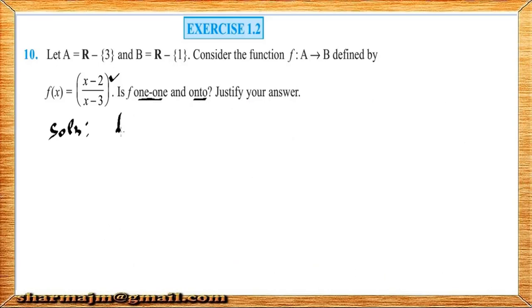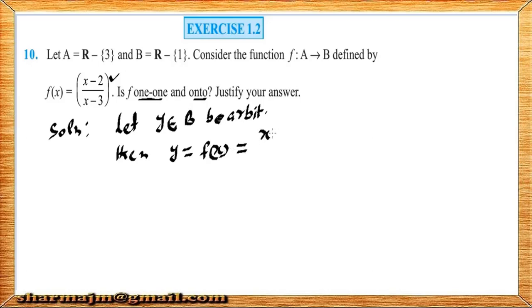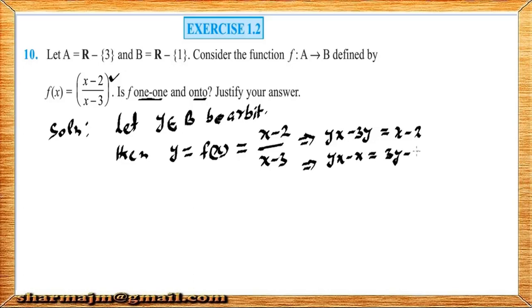Let y belong to B be arbitrarily chosen, then y is equal to f(x), which is equal to (x minus 2) upon (x minus 3), which implies yx minus 3y is equal to x minus 2, which implies yx minus x is equal to 3y minus 2.